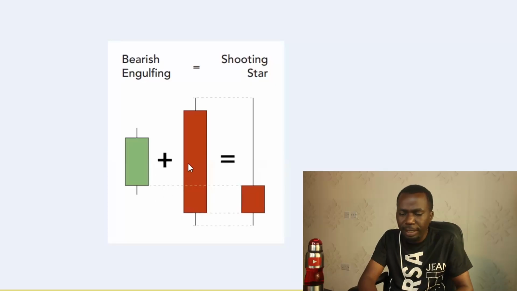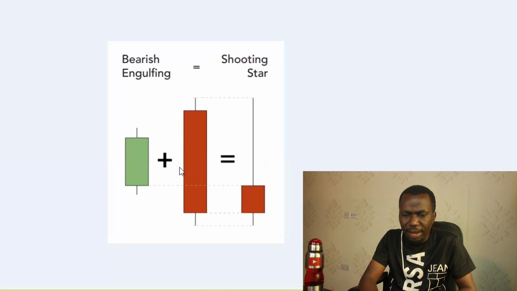Now if you look clearly, this is what we call the shooting star, and these two candles are what we call the bearish engulfing pattern. This can be identified at a higher time frame, while this can be identified at a lower time frame, right? You will see that the levels are the same. See the close, this is the lowest point and this is the lowest point. This is the highest point and this is the highest point.